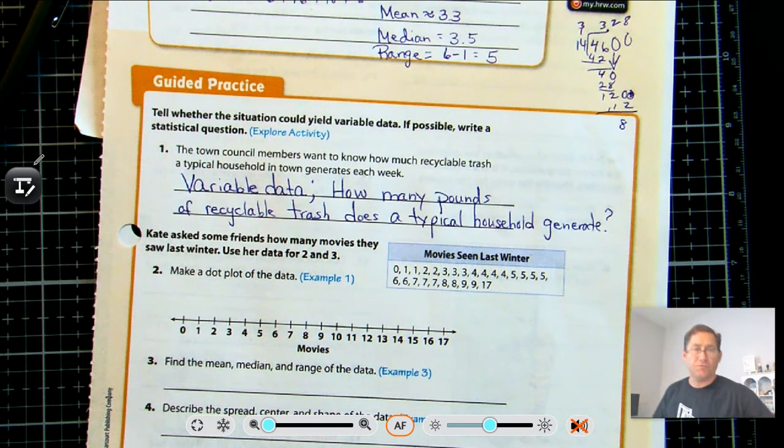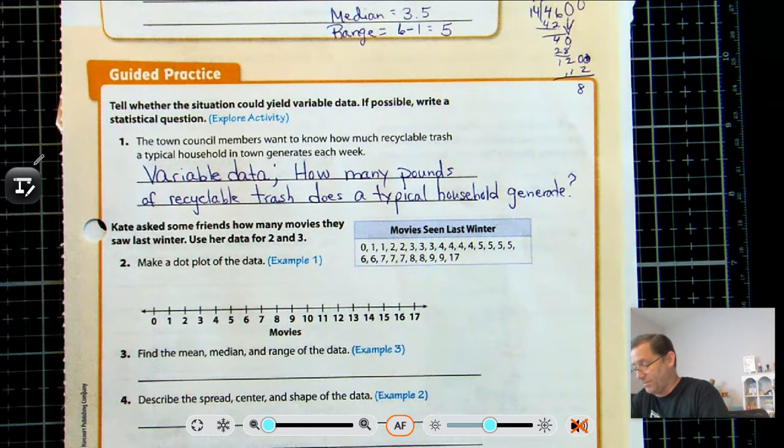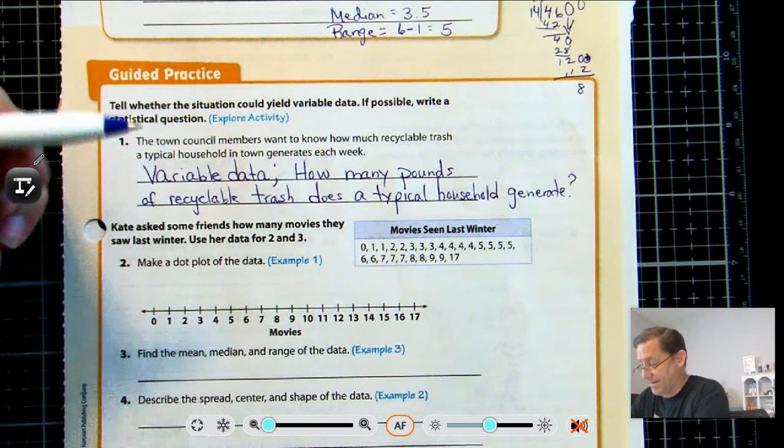All right, how about number 2? Kate asked some friends how many movies they saw last winter. Use your data for numbers 2 and 3. Make a dot plot for the data.